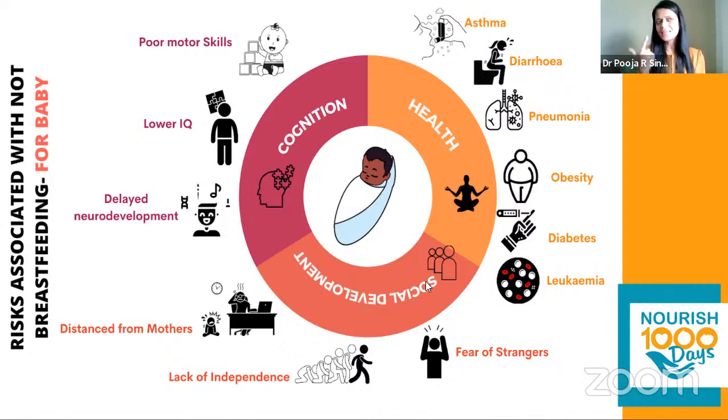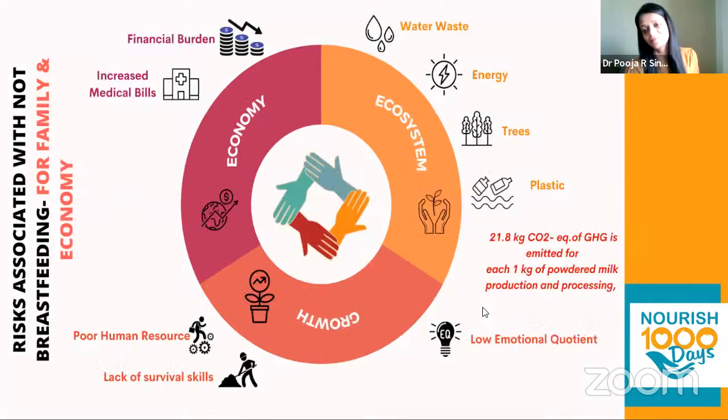Breastfed babies have about 8 to 10 IQ points higher as compared to non-breastfed babies. And then there is also likely to be better neurodevelopment. As far as social development is concerned, this child is likely to have good attachment to the mother, is going to be an independent individual, and will also be more comfortable around strangers as well. Okay, so a more courageous, strong, well-rounded individual.